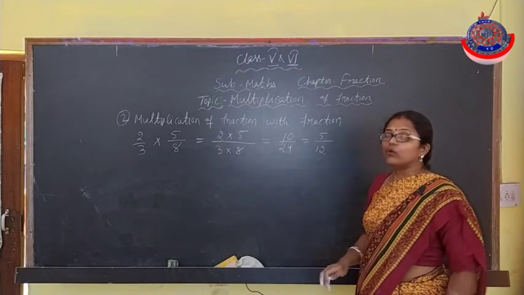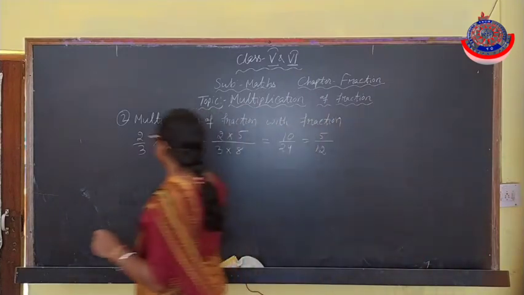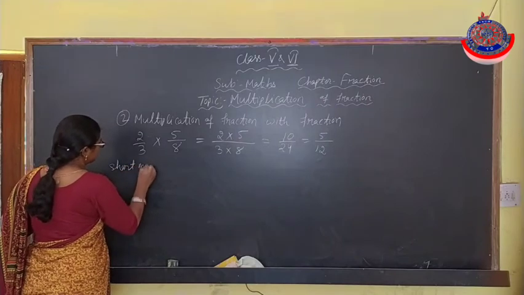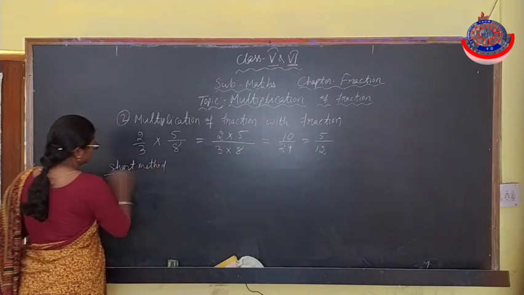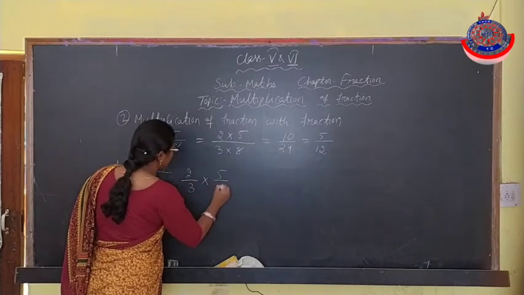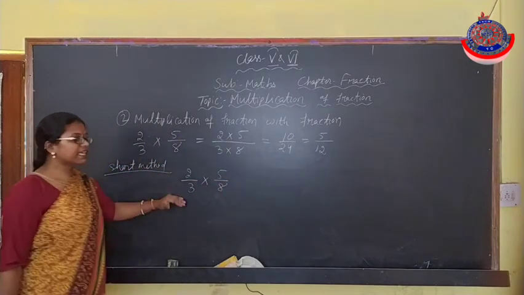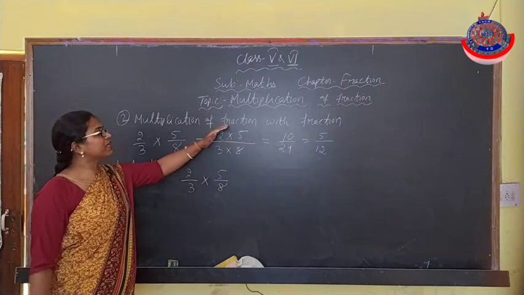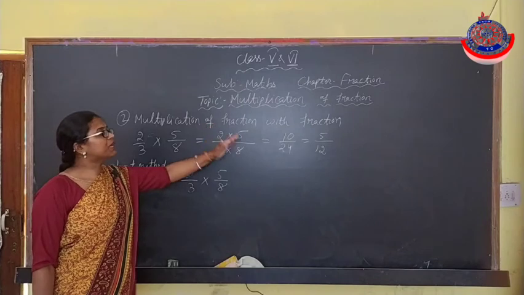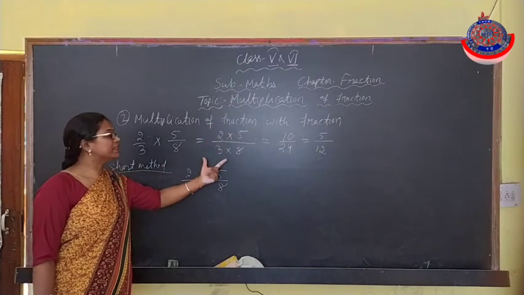This is one method. One more method is there, which we can call the short method. Suppose 2 by 3 into 5 by 8. In this case, first we are dividing by the HCF after multiplying both the numerators and denominators.